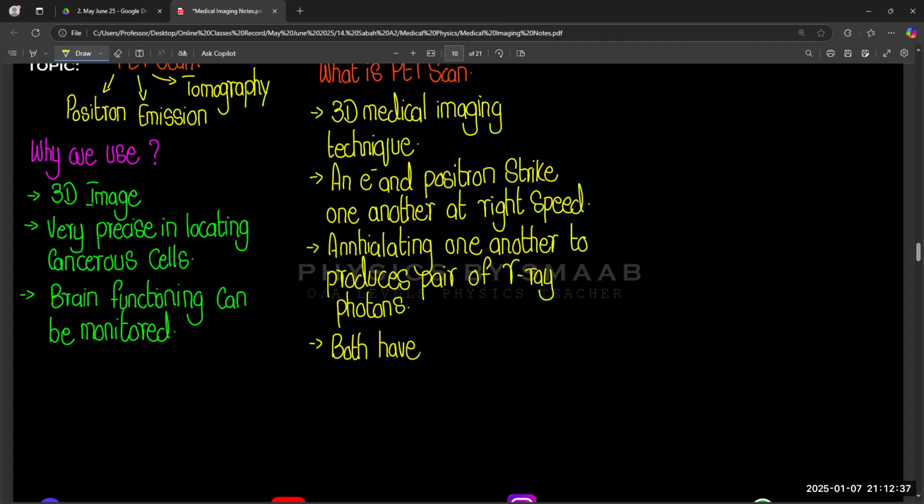And since we got a pair of gamma ray photons, both have equal energies and opposite directions.